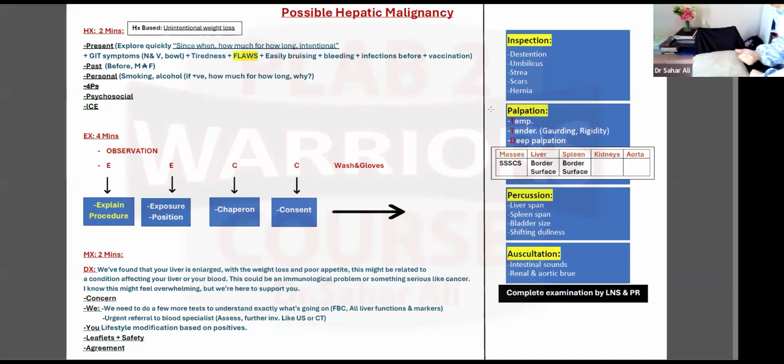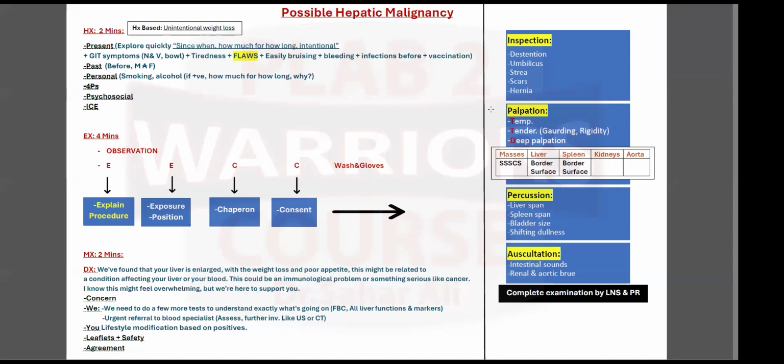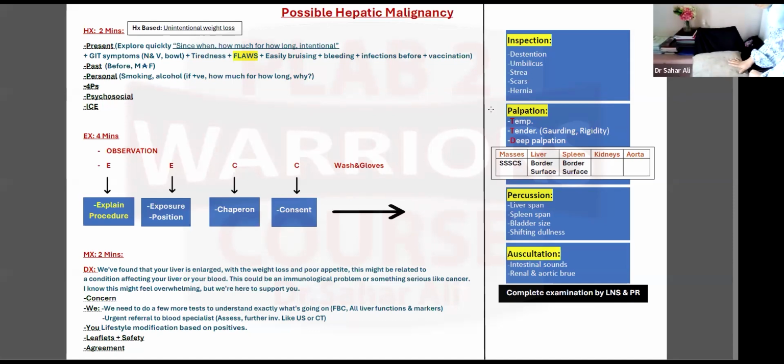shall I move on to the deep palpation if there is tenderness or no? Yes. Okay, I don't move to the deep palpation if there is any guarding or rigidity, but here there is localized tenderness. Then you tell him, okay, I'll press a little bit deeply, okay, to check any masses first.